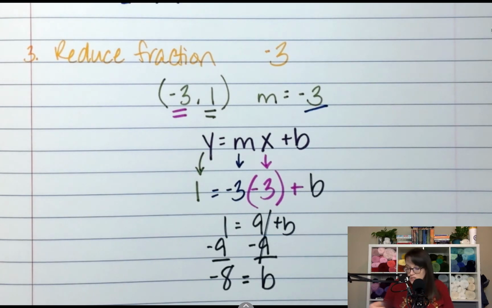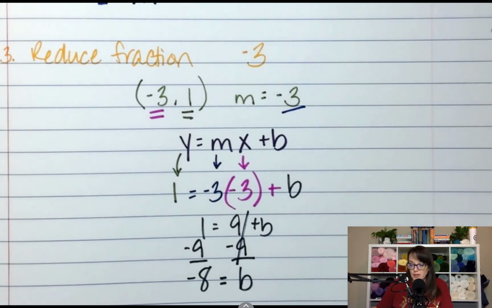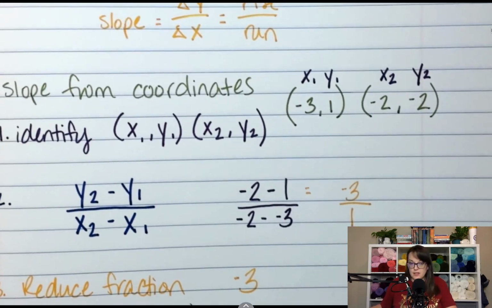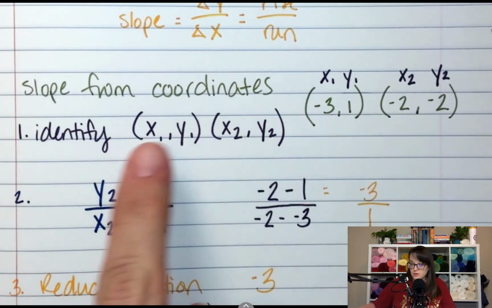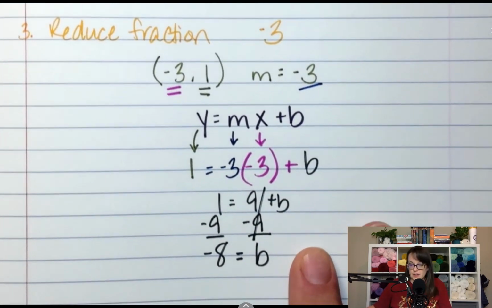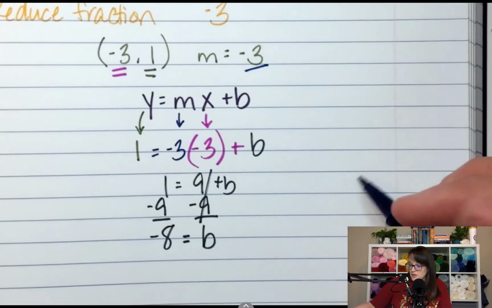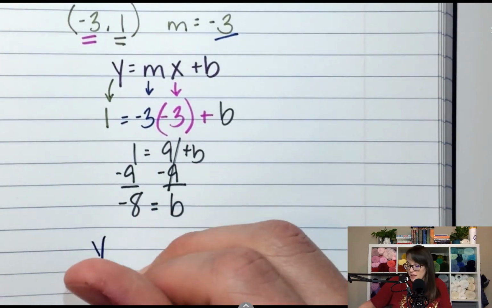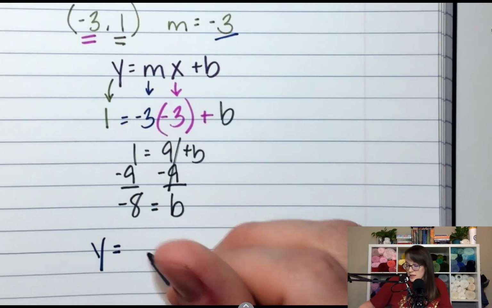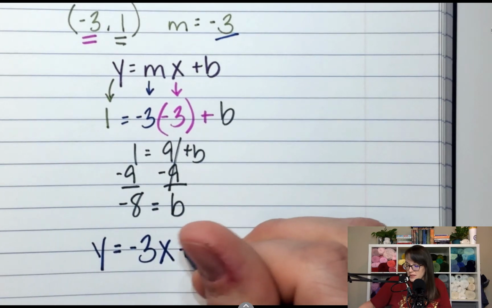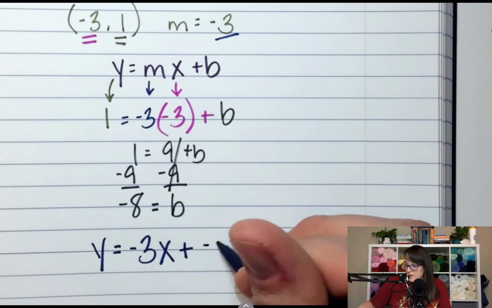So if I wanted to write my full formula when given 2 points, first I find the slope by doing this, and then I can plug in slope and a coordinate to get the b, so that my final equation is y equals, m is how much? -3x plus -8.